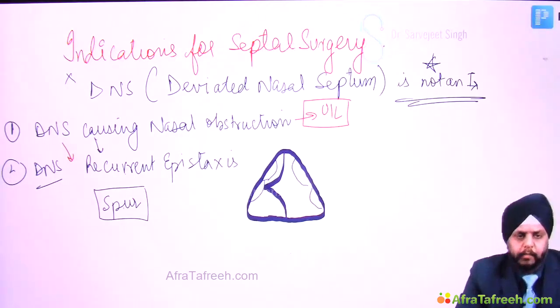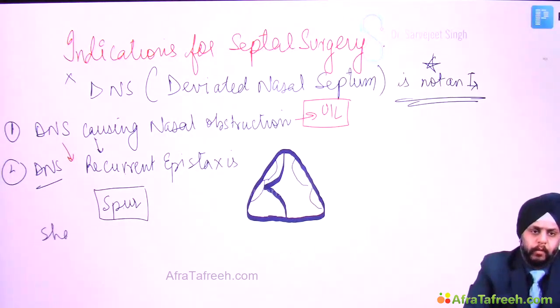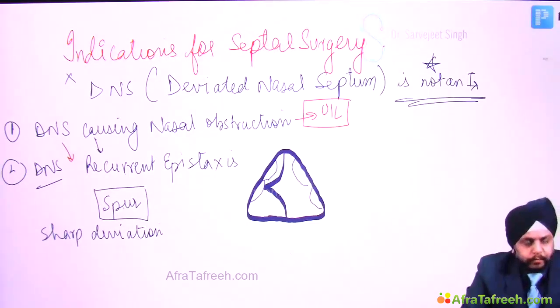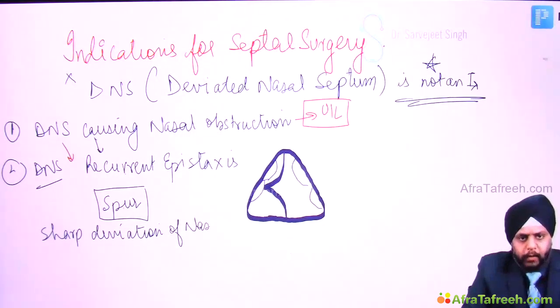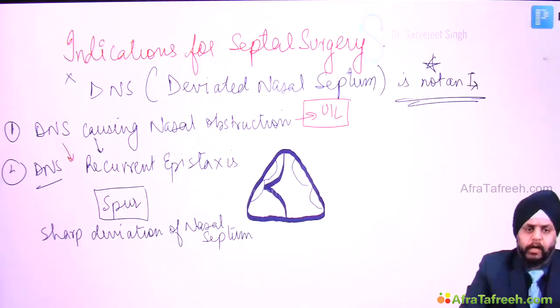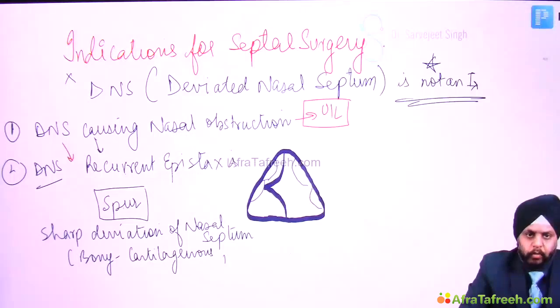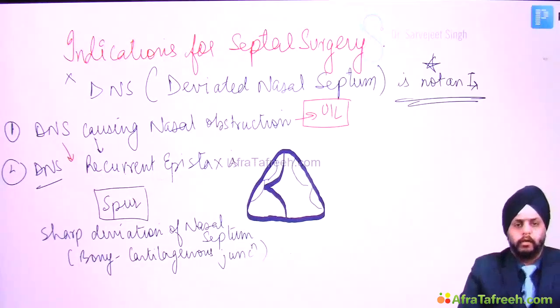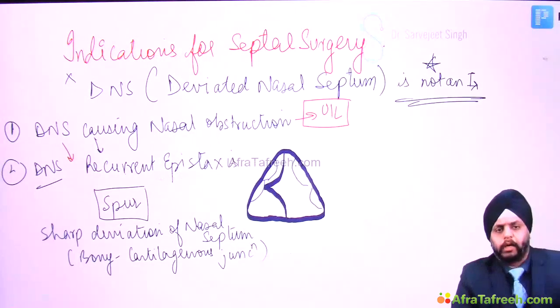So what is a spur? A spur is a sharp deviation of the nasal septum, and it is generally found at the bony cartilaginous junction. So remember, it is found at the bony cartilaginous junction. This spur can lead to recurrent epistaxis.